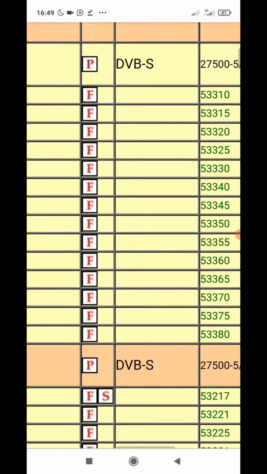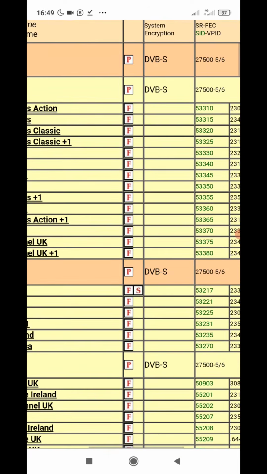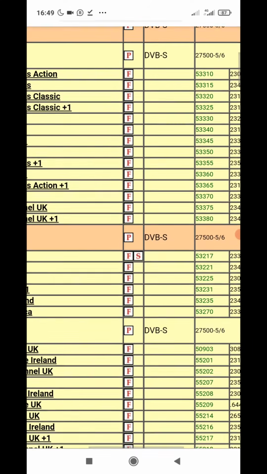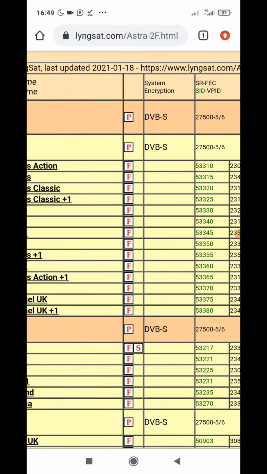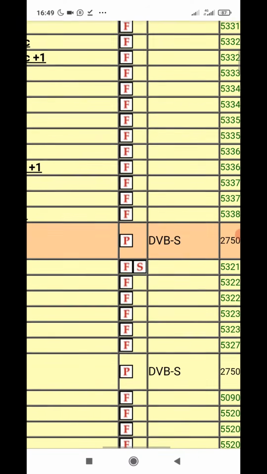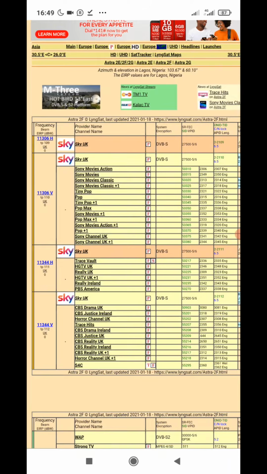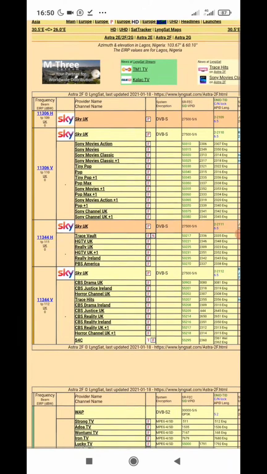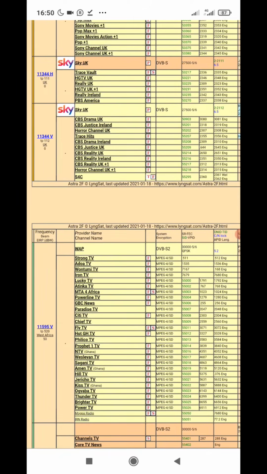Meaning that, for instance, if you have a DVB-S decoder, it will be able to track a signal, but it will not be able to display the picture, assuming the picture is meant for 4K. So you understand by the system. That is what I mean by system. The encryption means the type of key that is used to lock that particular frequency.